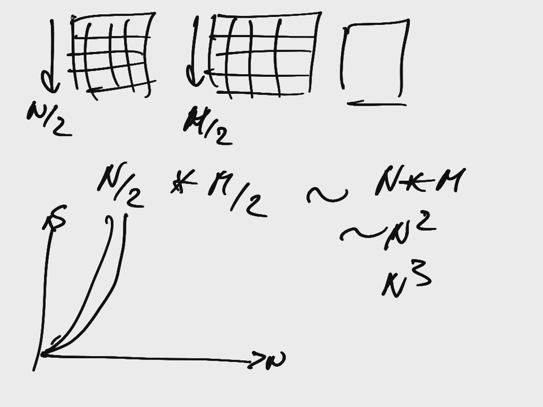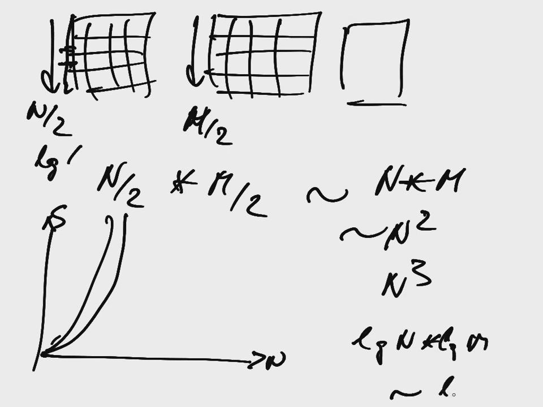But if you use this indexed data and you can jump, and you use a logarithmic amount of steps, then you have logarithm of n times logarithm of m, which is approximately logarithm of n with some multiplier.